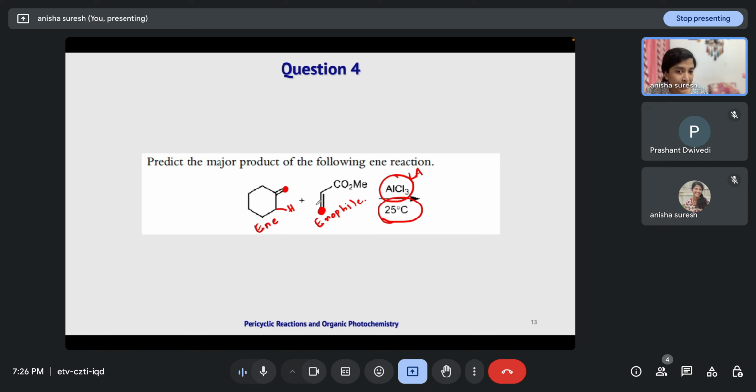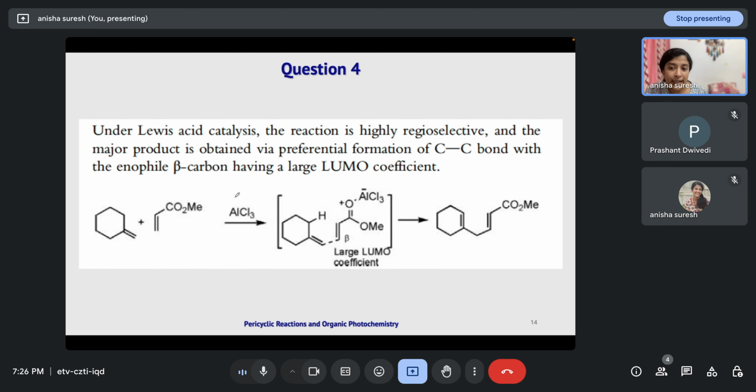So a bond will be formed between these two carbons. The mechanism will be like AlCl3 coordinating with this carbonyl group of the ester. So the beta position of the ester will have the large LUMO coefficient, and this alkene will have the large HOMO coefficient. So this is how the reaction is taking place.